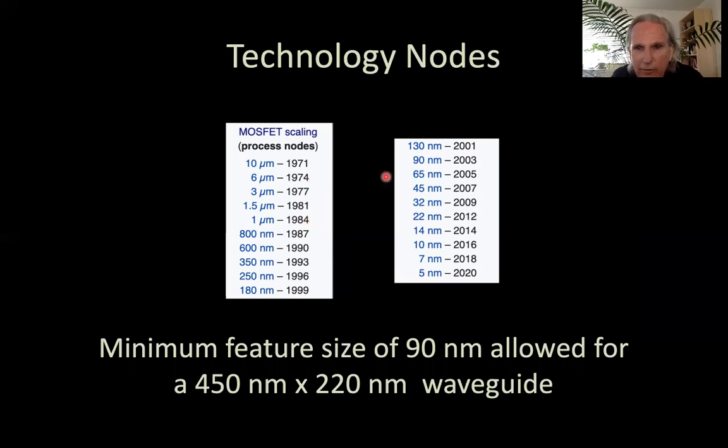Well, if we look along here, as we mentioned, a silicon photonic waveguide needs to be less than 500 nanometers. When we got to 180 nanometers as a feature size, we could kind of make a 450 nanometer waveguide. Kind of, it was 2.5 feature sizes. They weren't very good.